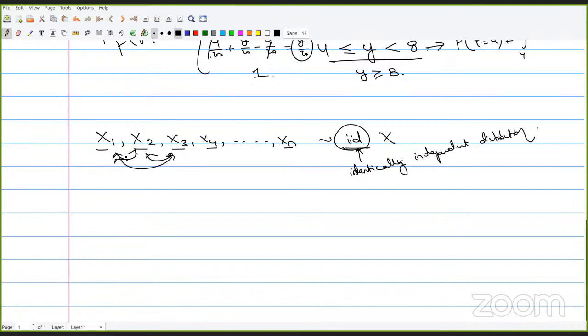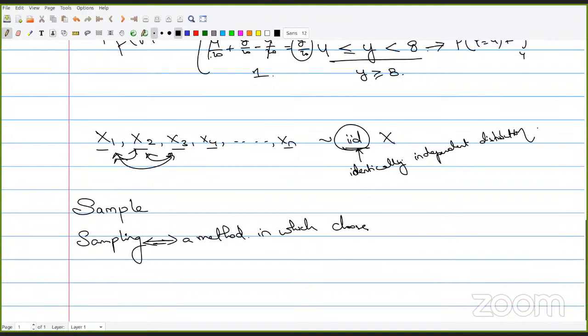From there, we get some numerical results. So sampling is actually a method in which we choose a sample. So there is a random sample. Randomly collecting samples is the sampling method.